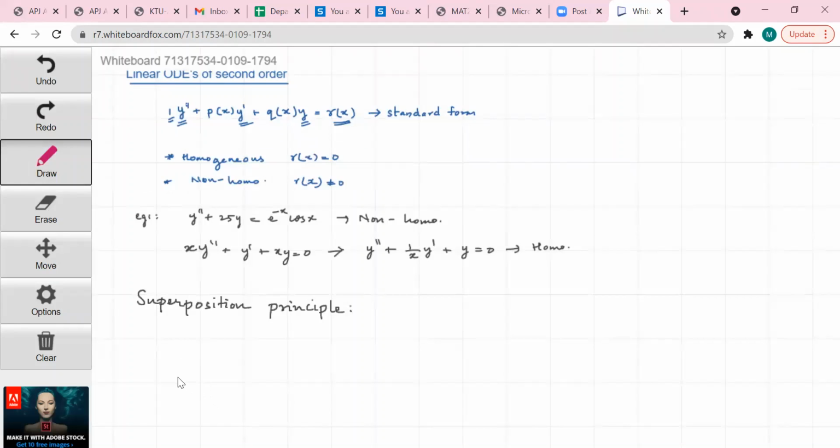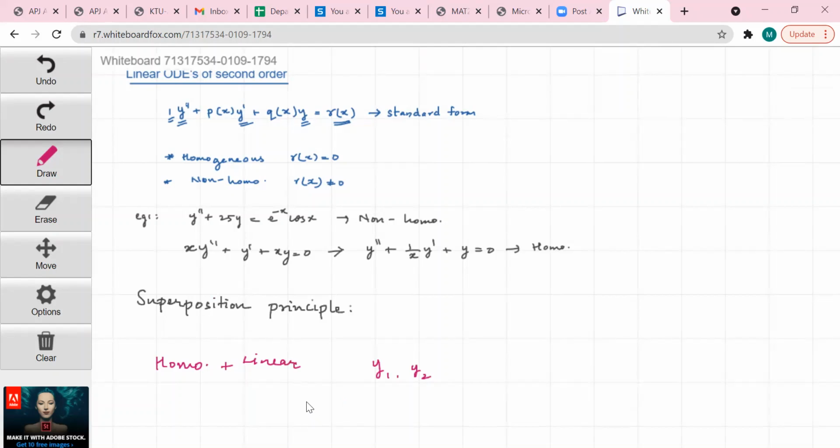Suppose you have a homogeneous linear ODE, and let's say y1 and y2 are solutions of the second order homogeneous linear ODE.